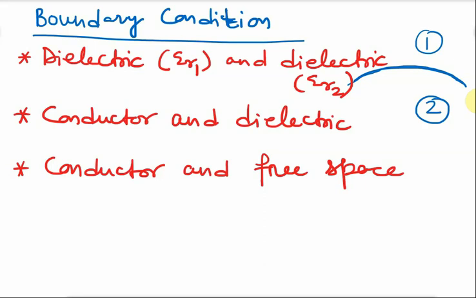They are bare conductors, actually in free space, with no insulator on them. So the conductor and free space boundary condition can be imagined in such cases.